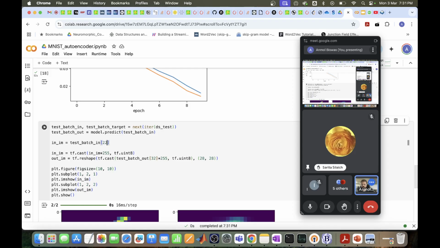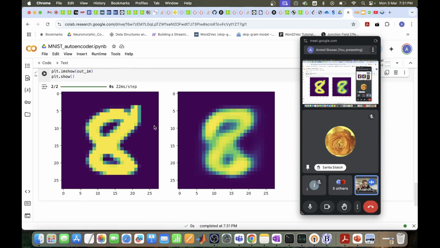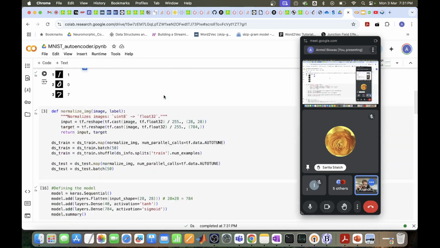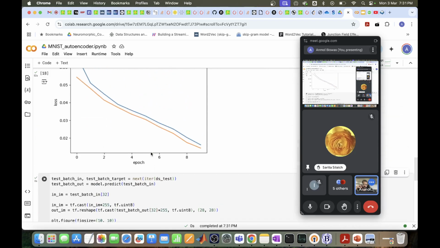Let's say 2, 8, right? So you can basically print all of them and see how it looks. But overall, with 40, it seems that we are capturing the data very well.